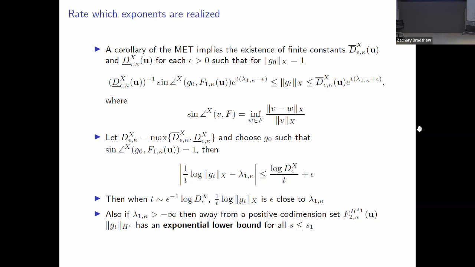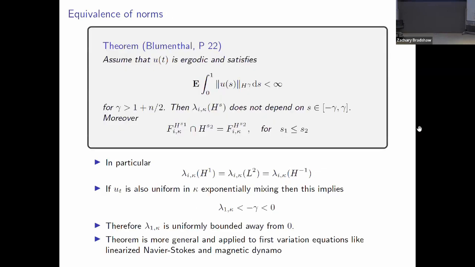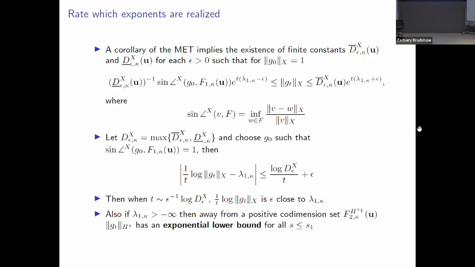There is an upper bound like lambda 1 plus epsilon, and a lower bound like lambda 1 minus epsilon, with a special factor that measures how close you are to one of these subspaces. It holds for any Sobolev space where S is between minus gamma and gamma.